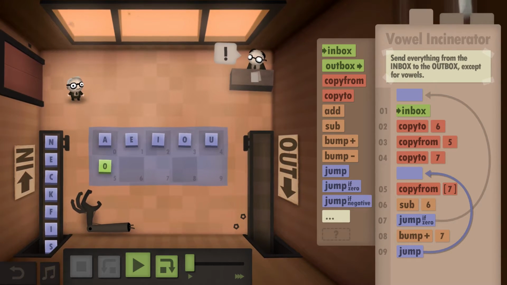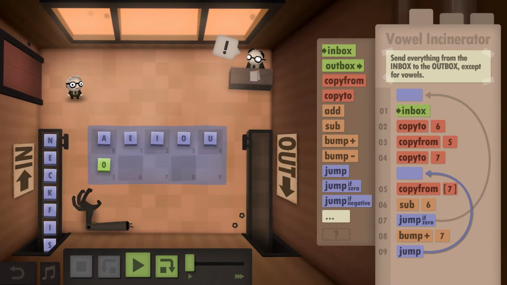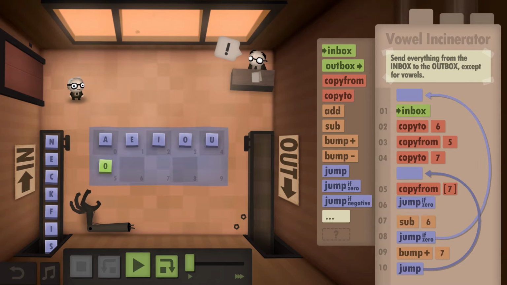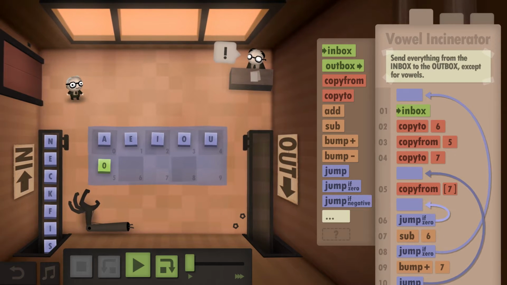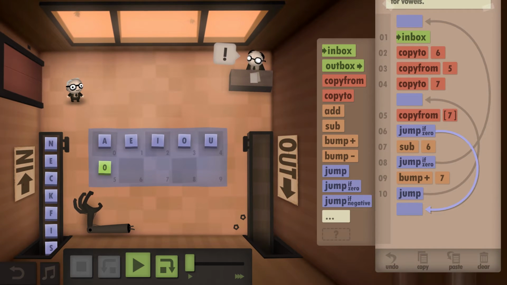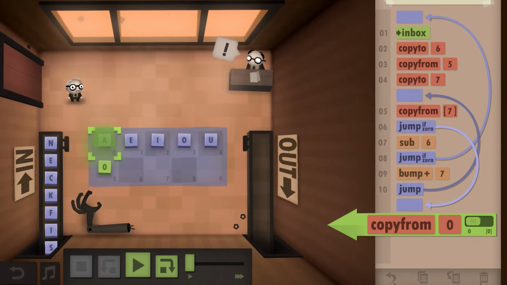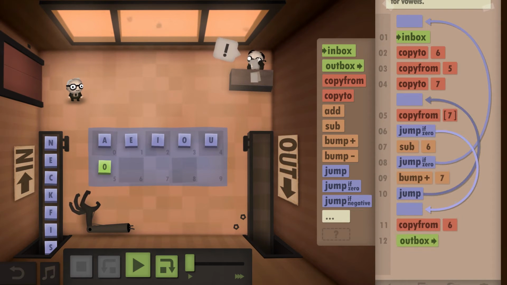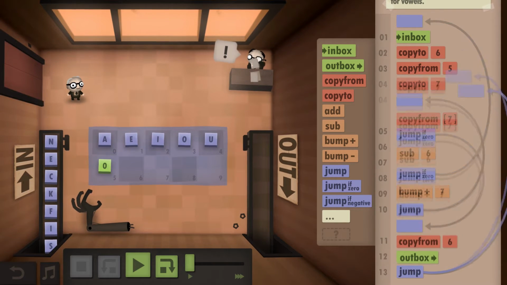Repeat the process. If this is 0, though, we need to copy from our letter location, put it in the outbox, and then jump back to the beginning of the program.